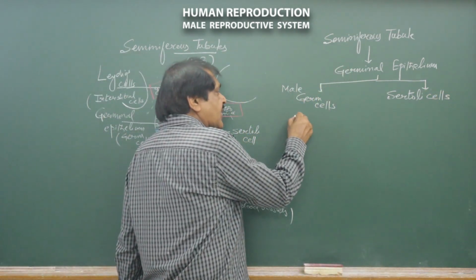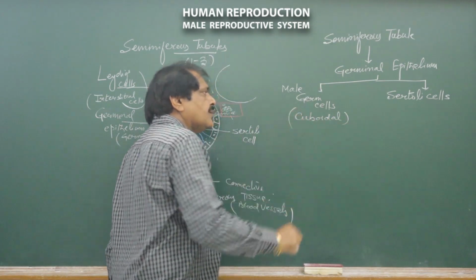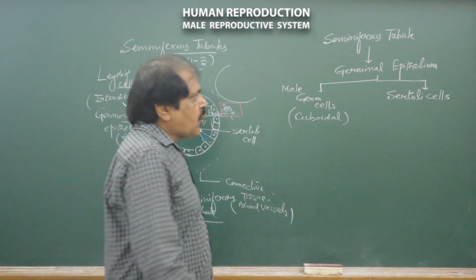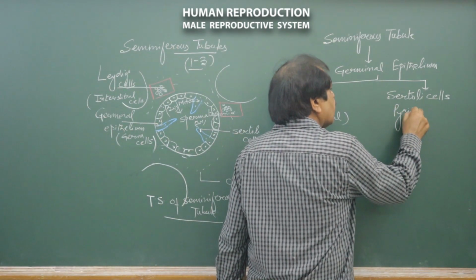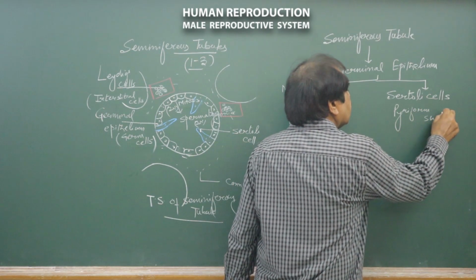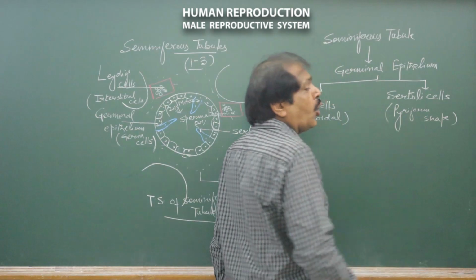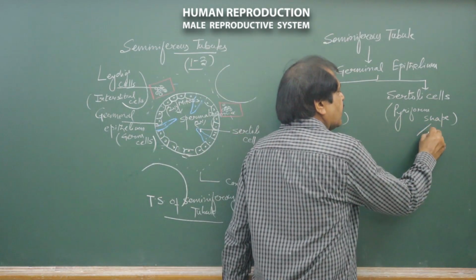These germ cells are cuboidal. Sertoli cells are piriform in shape, or long cells, that is long.